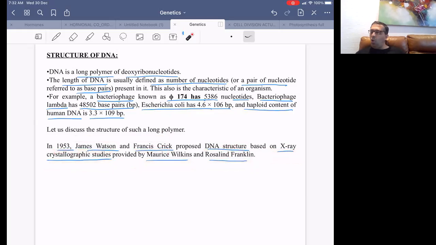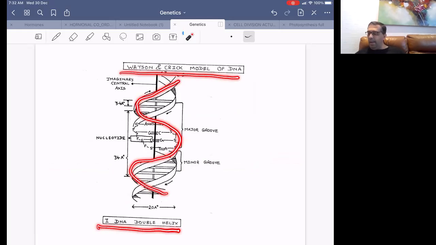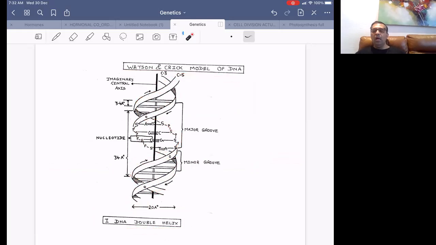structure, which is called the Watson and Crick model of the DNA, or the DNA double helix, which consists of two strands, as we just said, parallel to each other and spirally twisted around each other, which is called the DNA double helix.